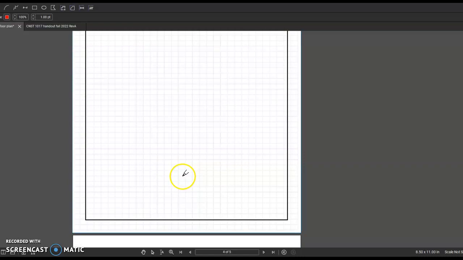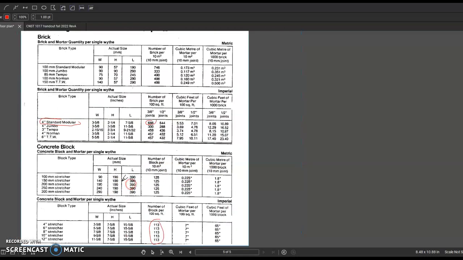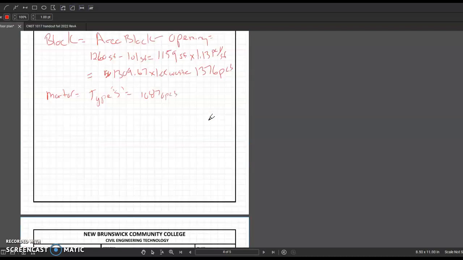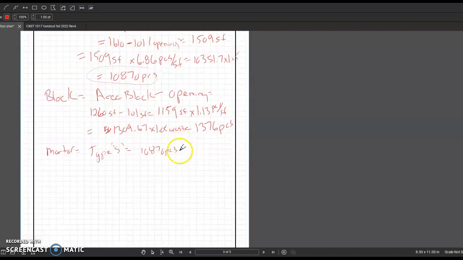Again, we want to scroll down to our Shaw page here, 4-inch standard brick. We want to use cubic feet per thousand, so 8.06 cubic feet per thousand.